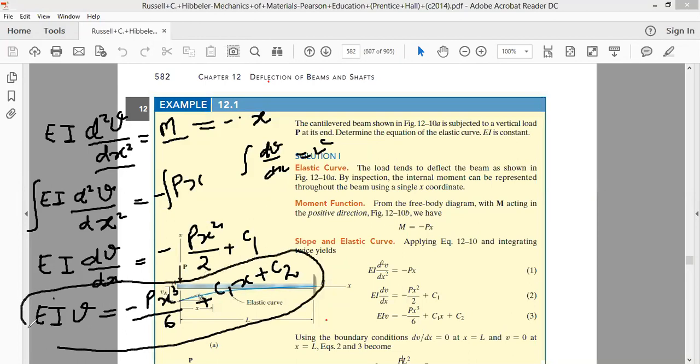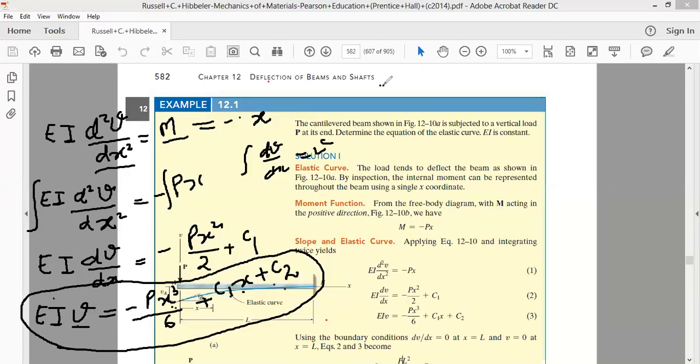This equation gives us the values of the deflection of this cantilever beam for different values of x. You give some values of x, x is equal to 0, we'll obtain the value of deflection, x is equal to 1, x is equal to 3, x is equal to 4. For different values of x, we'll get the values of deflection.